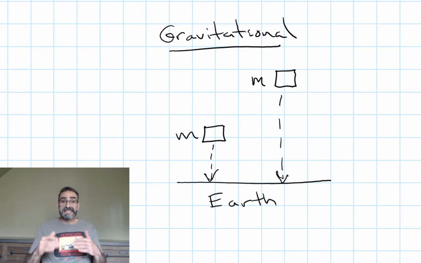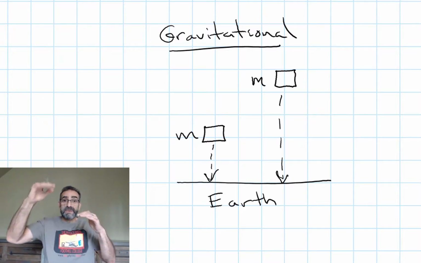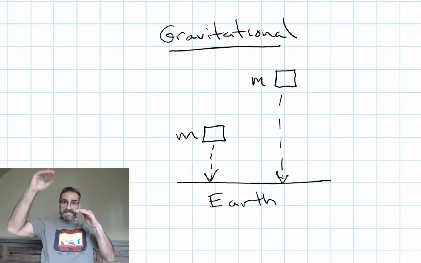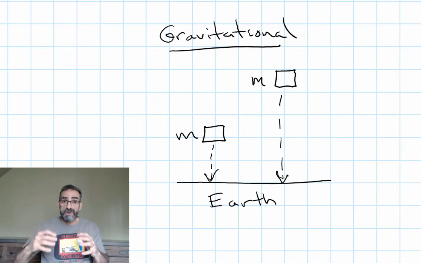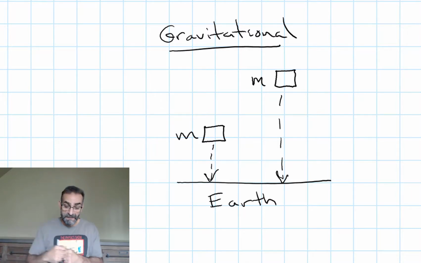And if it hits the earth with more kinetic energy, then it had to have started out with more stored energy, with more potential energy. So the higher up it is in the gravitational field, the more stored energy, the more gravitational potential energy is in our system. We all understand that, I think.